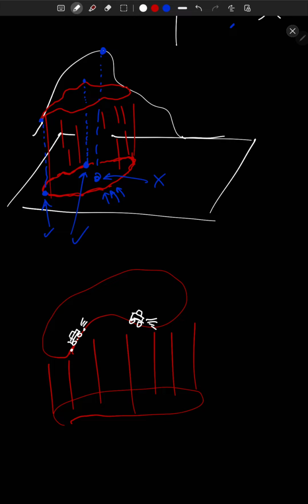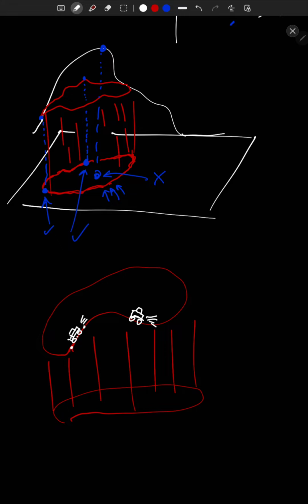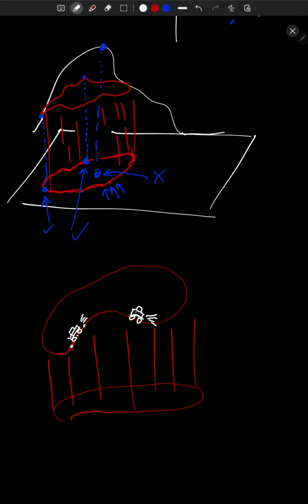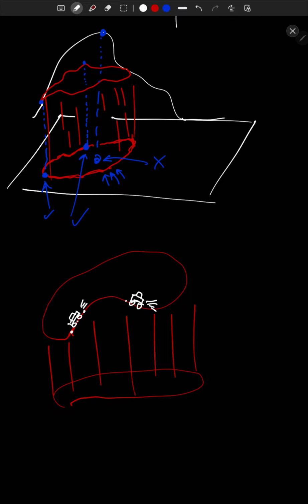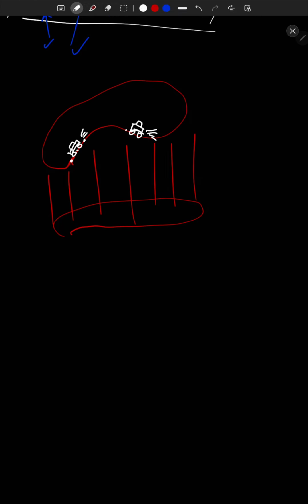Because 1 second previous, you were at a higher point, so you're certainly right now not at a maximum. 1 second from now, you're going to be at a lower point, so you're certainly not at a minimum, because 1 second from now, you'll be even lower in elevation.